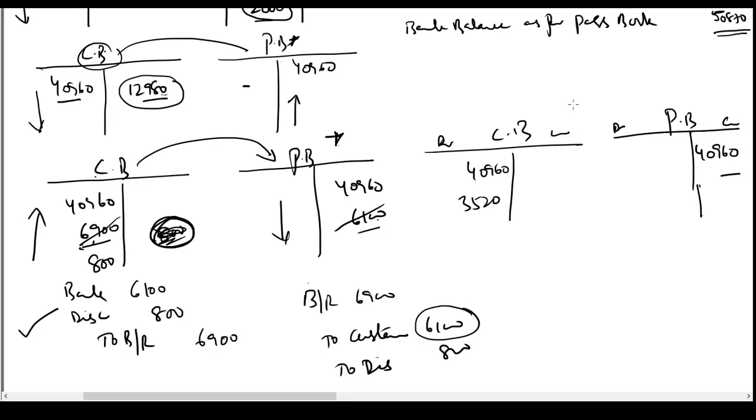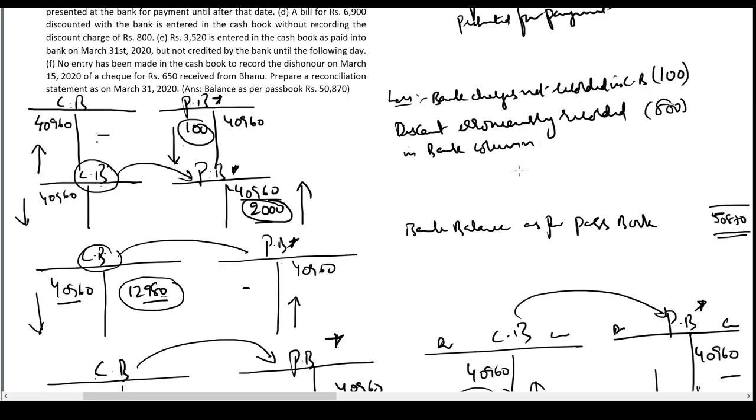That is why I am explaining the difference on that particular date only. So the cash balance has increased. So what should I do to the cash book to make it equal to the passbook? I have to reduce it by 3,520 rupees. Deposit not recorded in passbook.